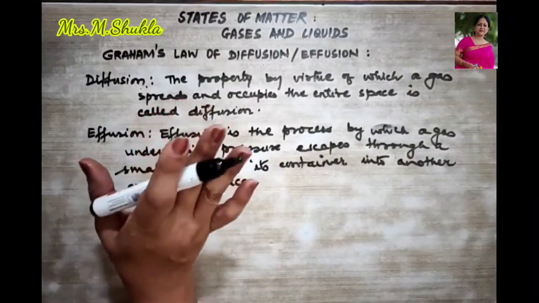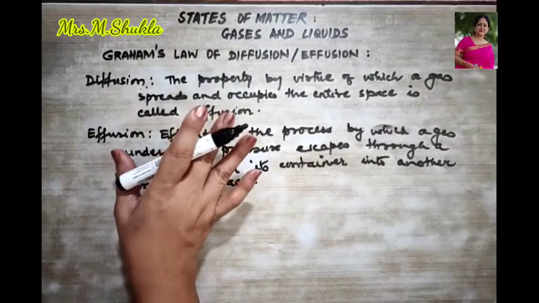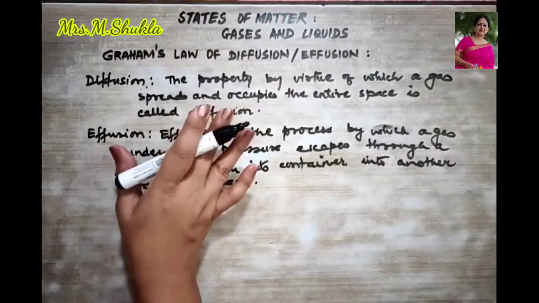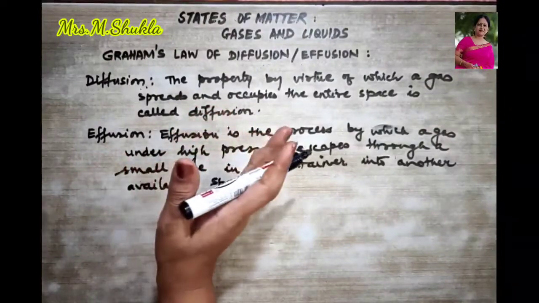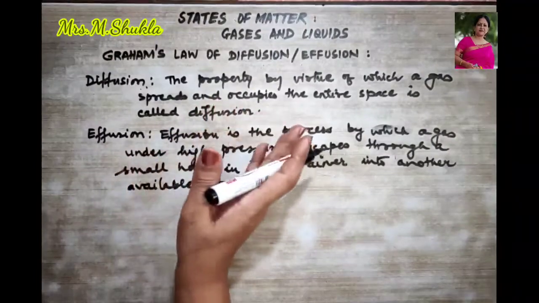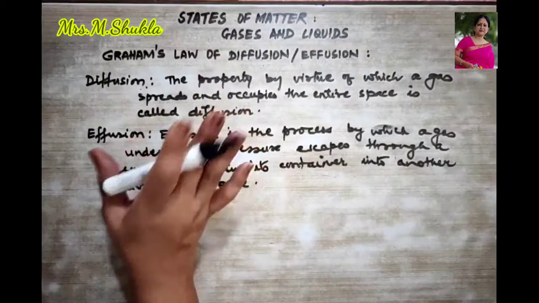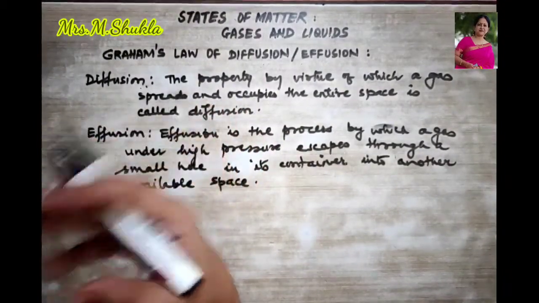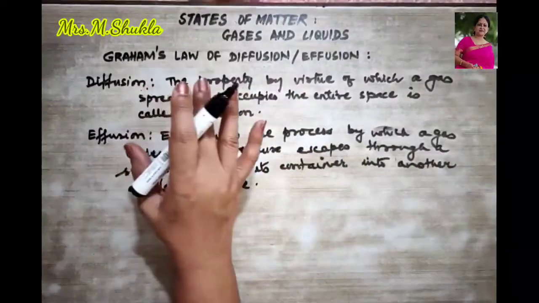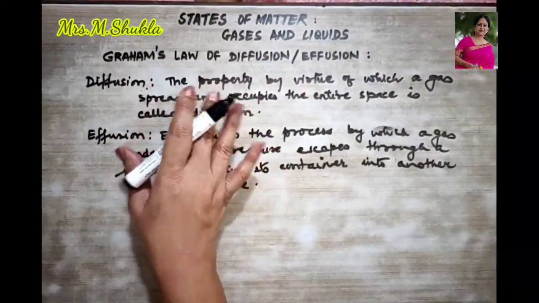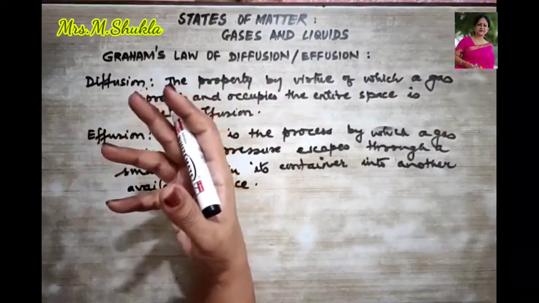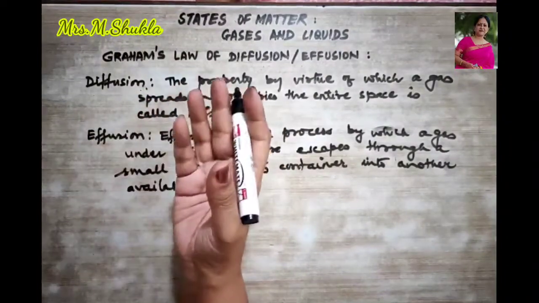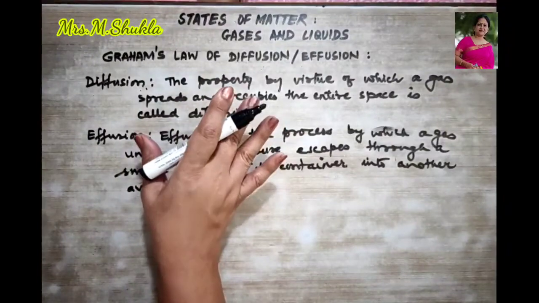Now in 1831, Thomas Graham proposed a law to report the rate of diffusion or effusion of gases. He observed that lighter gases diffuse faster than heavier gases, right?